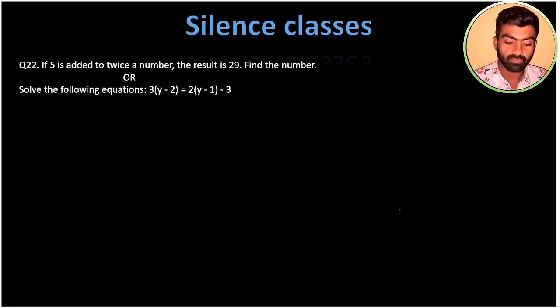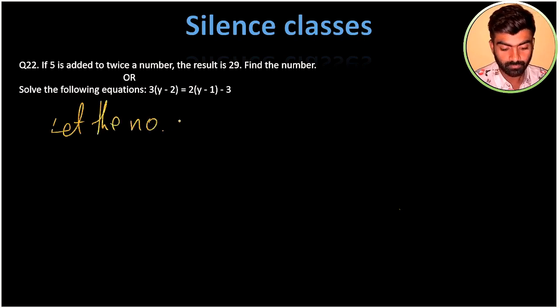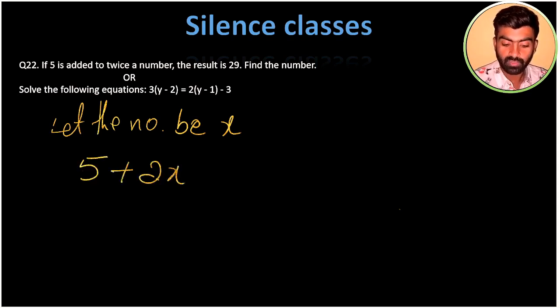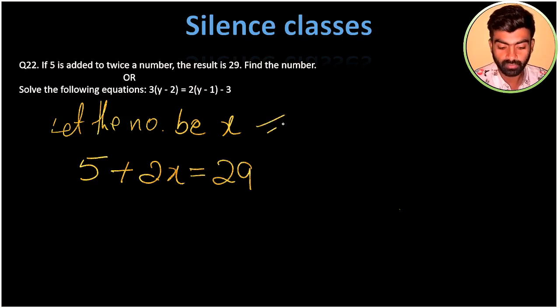Let the number be x. Means 5 plus 2x, we are doubling x and adding 5. The result is 29, so it will become 29. Find the number.